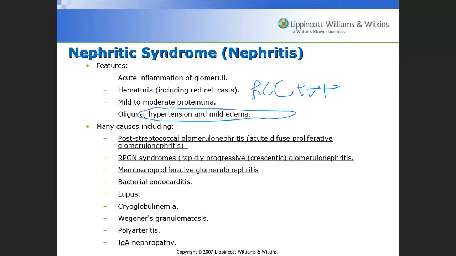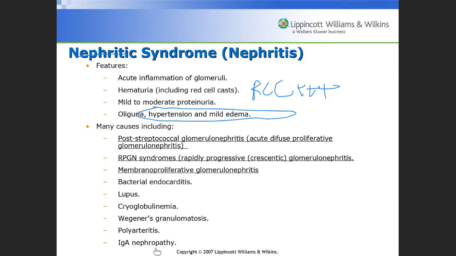Hypertension and edema, like we see in nephrotic, but you do not see heavy lipids here, and you do not see hypoalbuminemia either. So the albumin level is normal, and there's not a lot of lipoprotein like you would with nephrotic. There are different kinds, as you can see here.